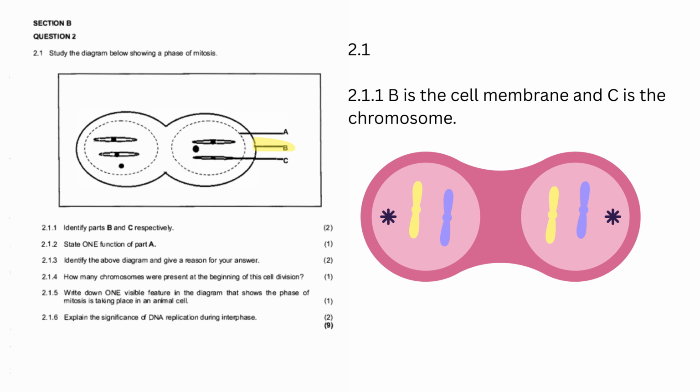In an animal cell, that protective outer skin is your cell membrane. Then if you follow the line for C, it points to the dark thread-like structures inside the new nucleus. Those are your chromosomes, which are super important because they carry all the genetic blueprints for the organism.